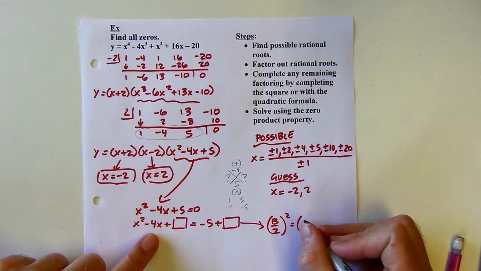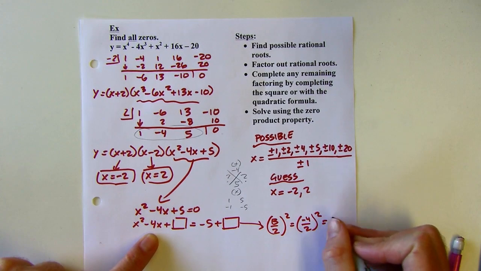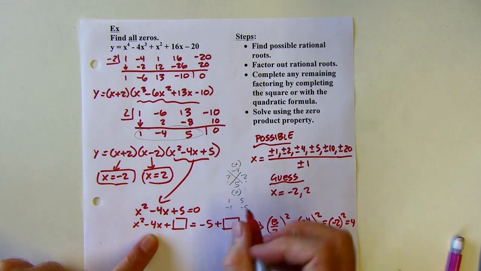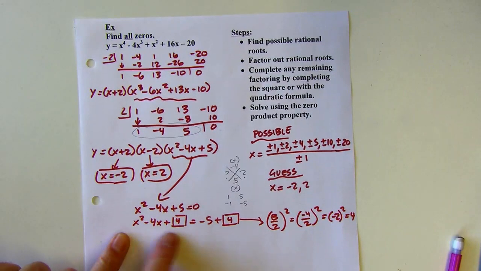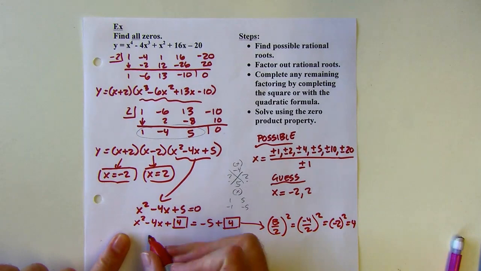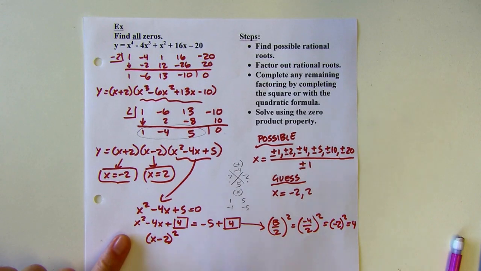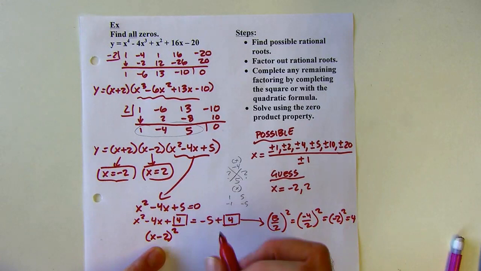The b was -4. My mystery number is 4. So I got that on both sides. Now I should be able to factor this, and it should be something times itself. And again, you could set up a diamond problem if you like, but it's going to be x minus 2 times itself, also known as the quantity x minus 2 squared.